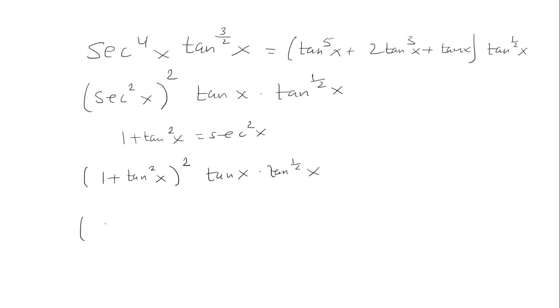FOIL, or expand the 1 plus tangent squared, to get 1 plus 2 tangent squared plus tangent to the 4th. Then multiply that by tangent and tangent to the 1/2.